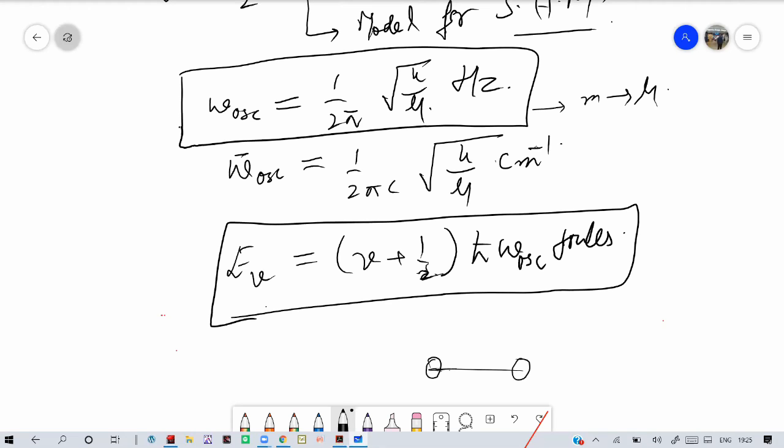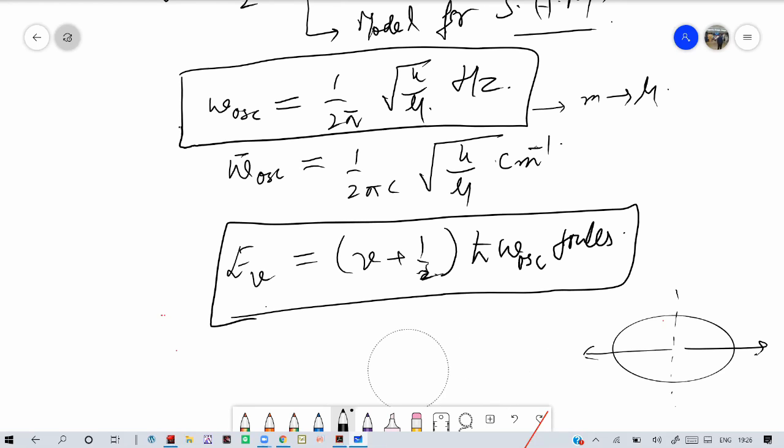So it vibrates with respect to this mean position, to this side or to this side. Similarly for this, to this side or to this side. Since it is a reduced mass, we have a center of gravity, so we assume this molecule to be this.